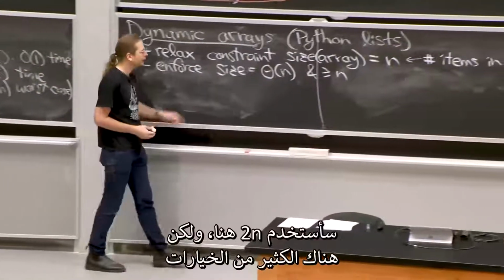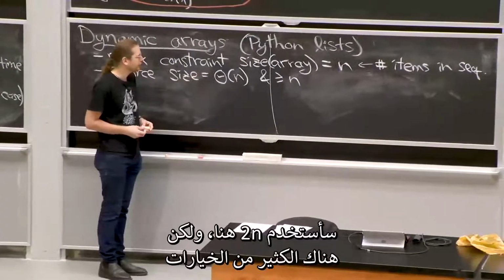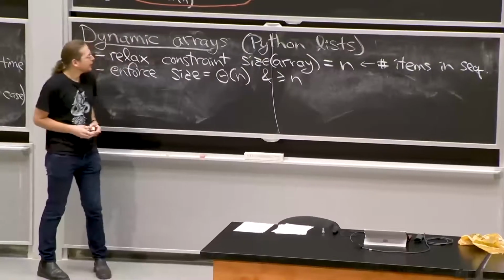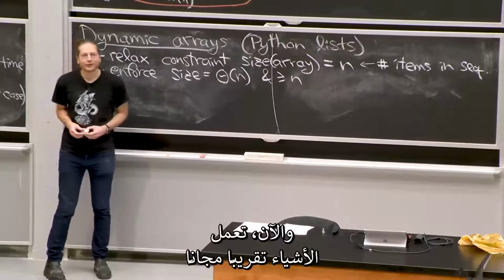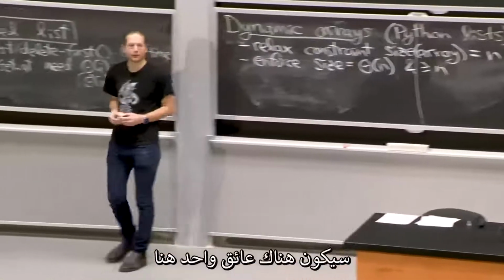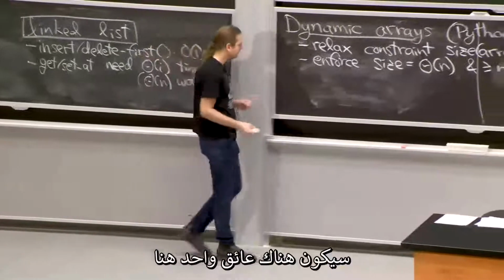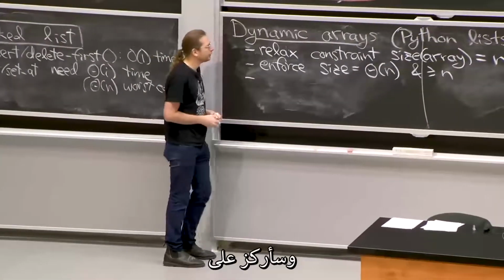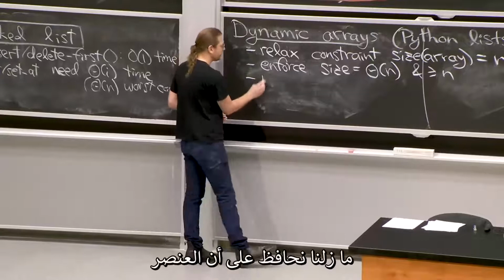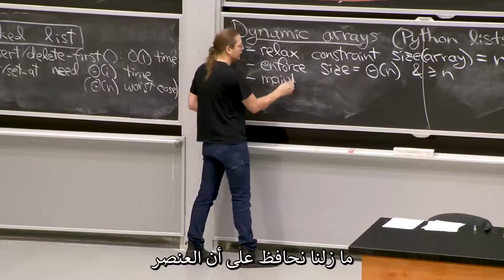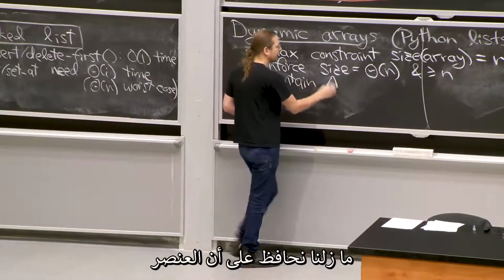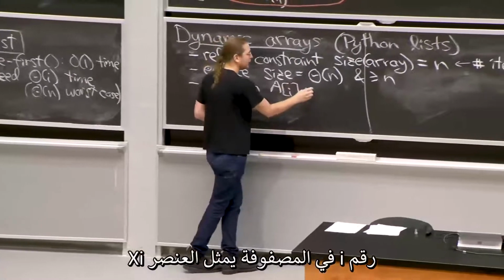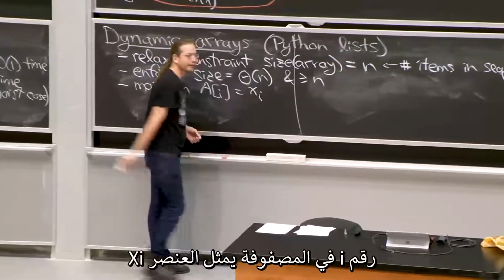I'm going to use 2n here, but there are lots of options. And now, things almost work for free. There's going to be one subtlety here. And we're still going to maintain that the ith item of the array represents x_i.